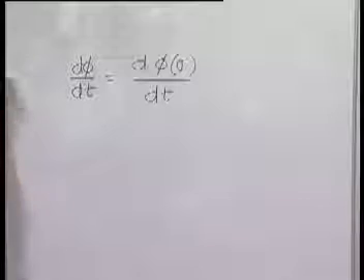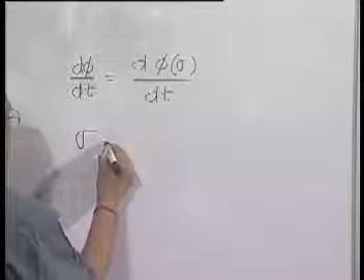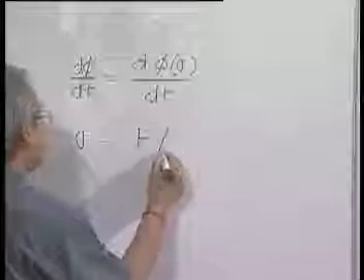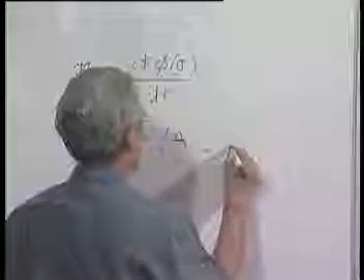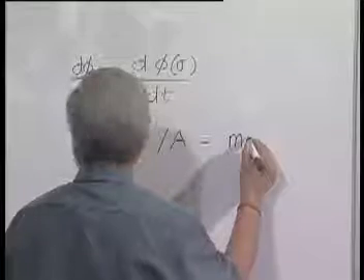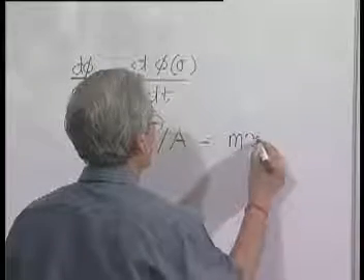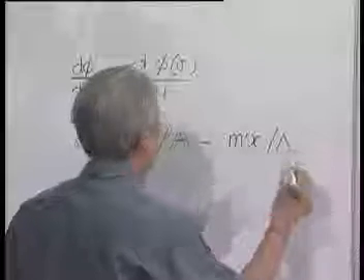Now, how much is sigma? Sigma is equal to the force by area. How much is this force? Force is mass into x double dot, divided by area.